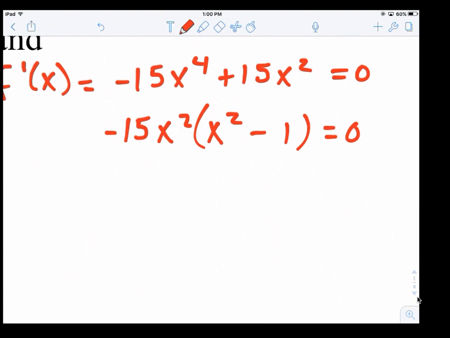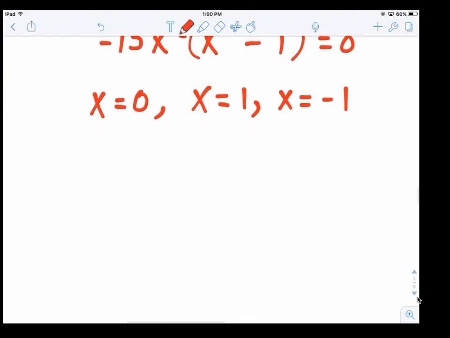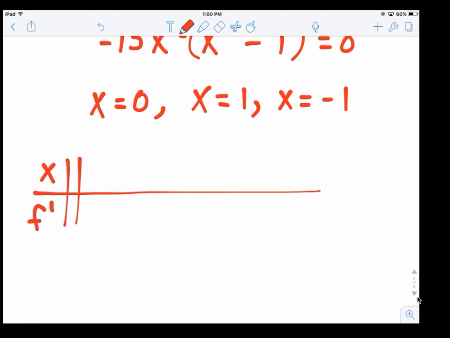So I have zeros at x equals 0, 1, and negative 1. Negative 1, 0, 1.